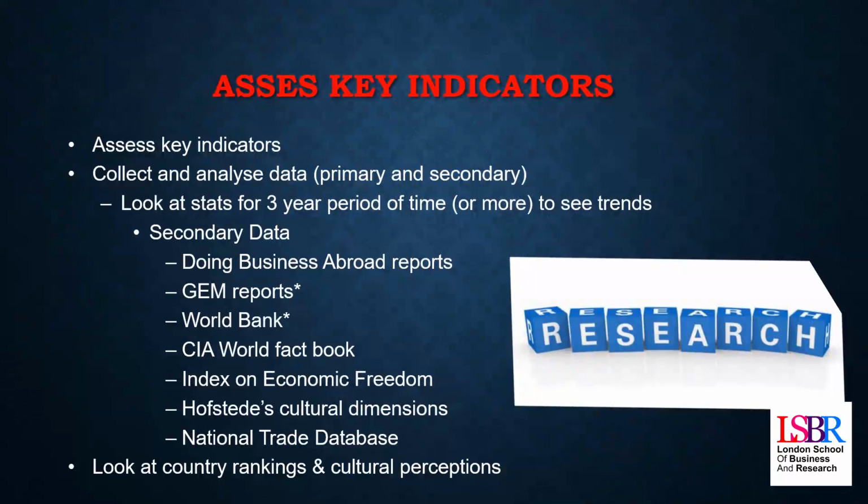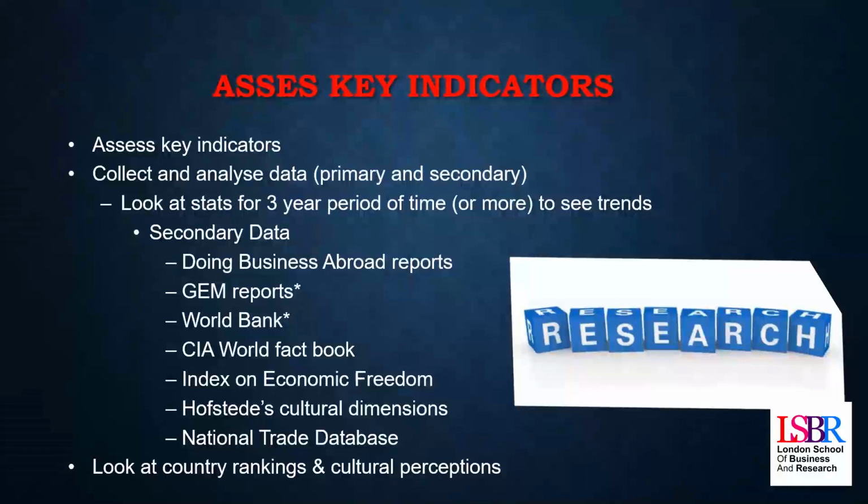The World Bank is an organization that exists to try and facilitate trade and internationalization. The CIA World Factbook, so again, we spoke about the CIA earlier, the Central Intelligence Agency from the USA, has a factbook where they release information about doing business in different countries.